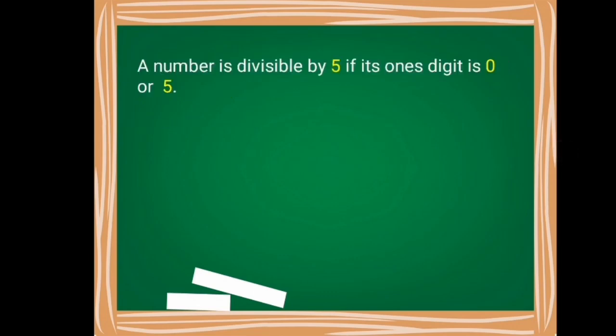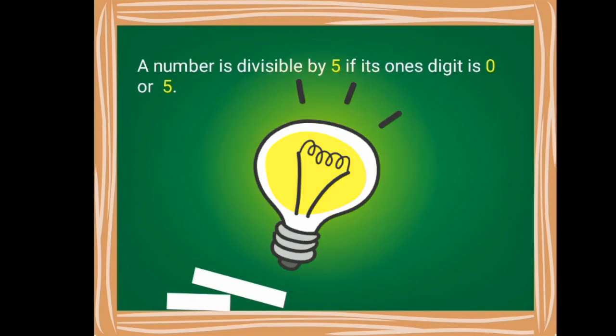Next. A number is divisible by 5 if its ones digit is 0 or 5. So, malalaman natin kung ang number ay pwedeng i-divide sa 5 pag nakita natin na ang ones niya ay 0 or 5.